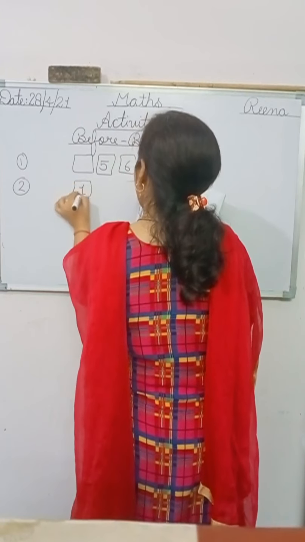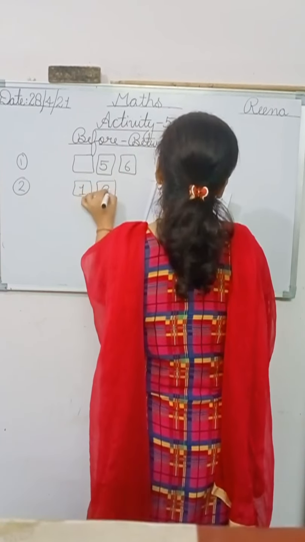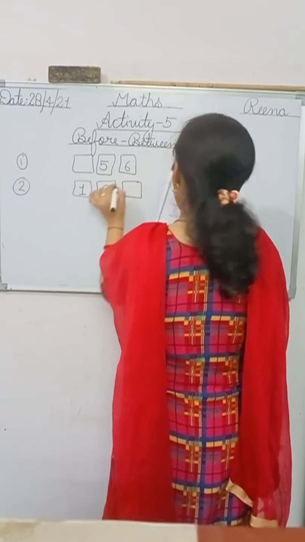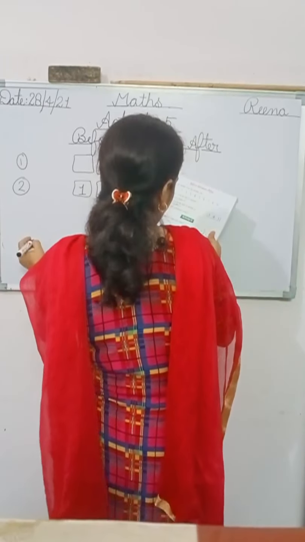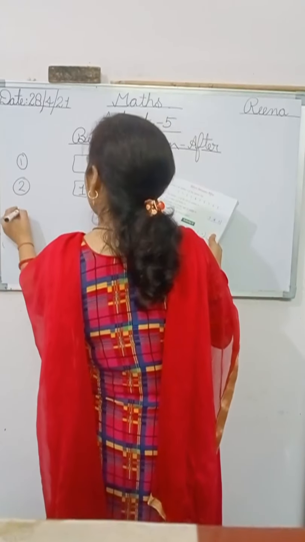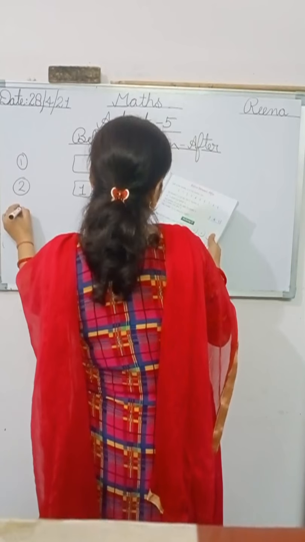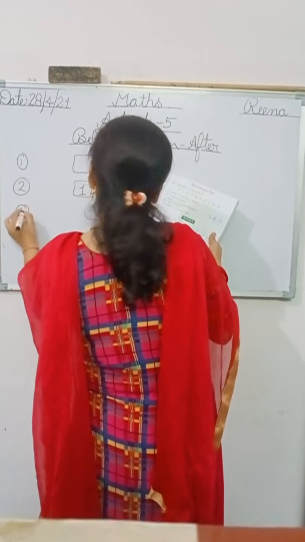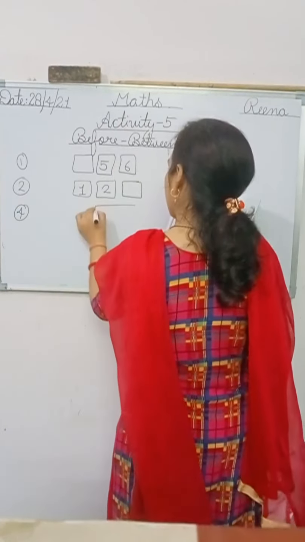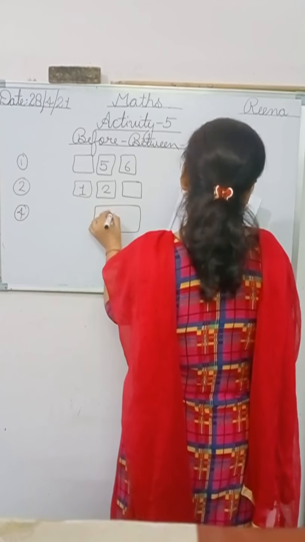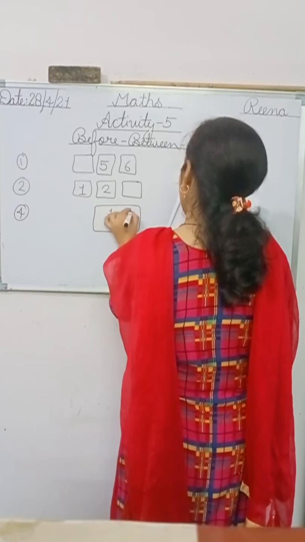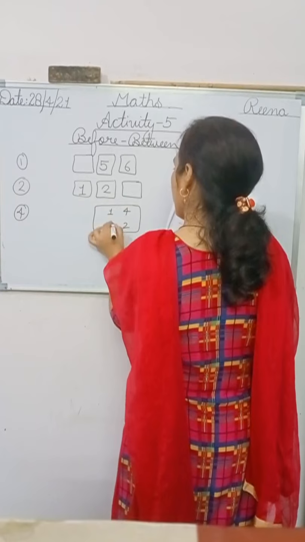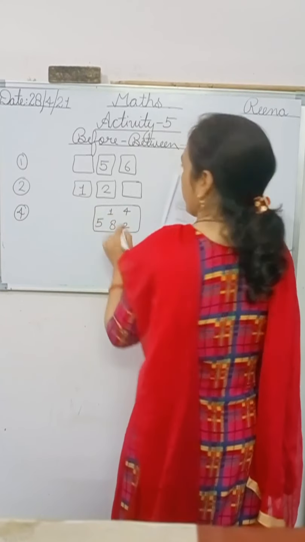In the second you have 1, 2 and dash. The third you solve by yourself, and in the fourth you have been given some numbers like this: 1, 4, 2, 8, 5.